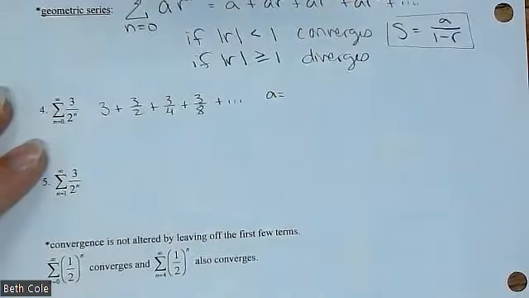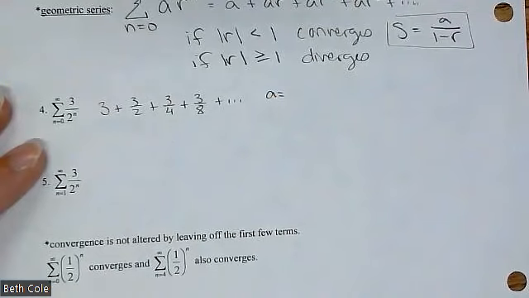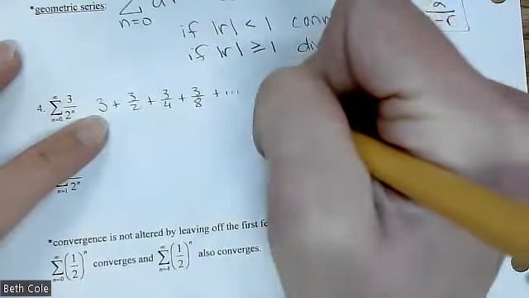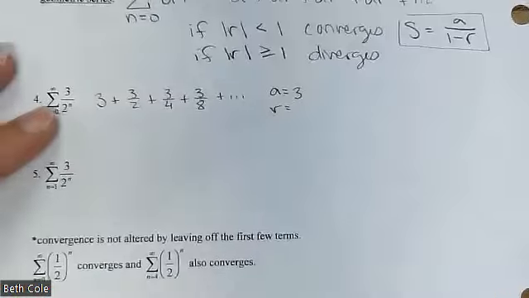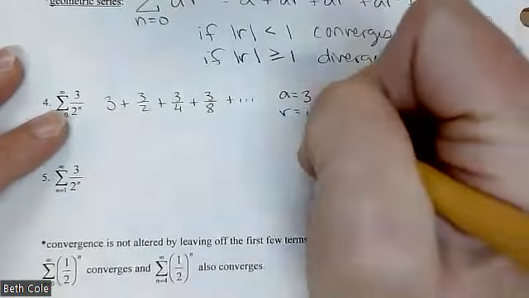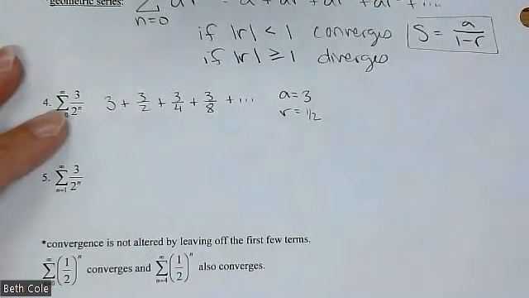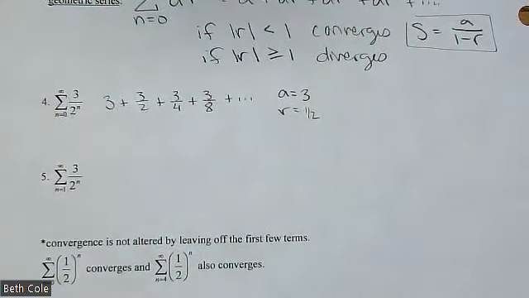What's a? 3. Perfect. What's r? What are you multiplying by each time to generate this pattern? 1/2. Do you guys see that? You're multiplying by 1/2 each time. So does it converge or does it diverge? Good.